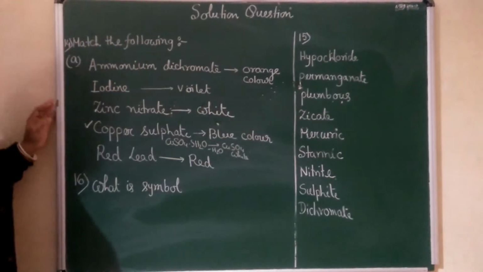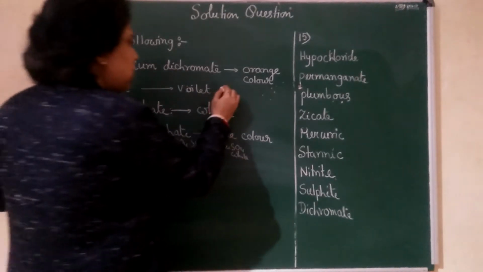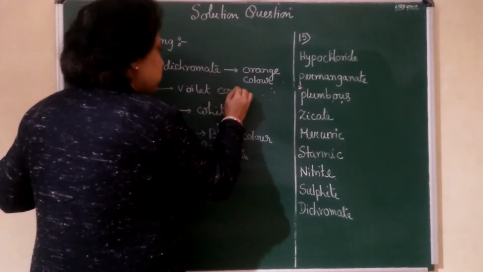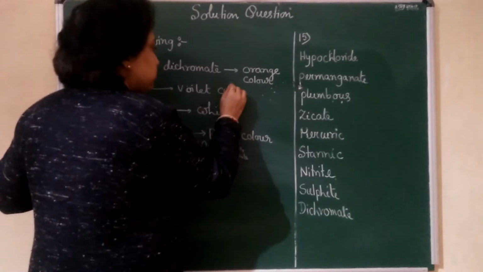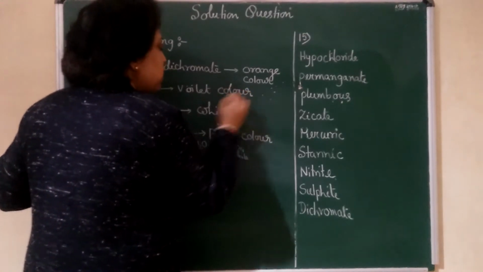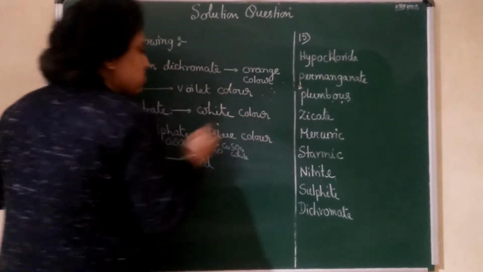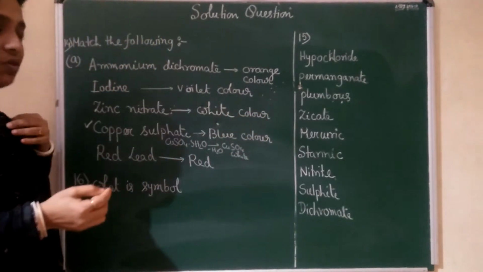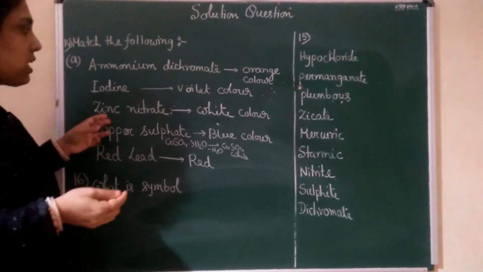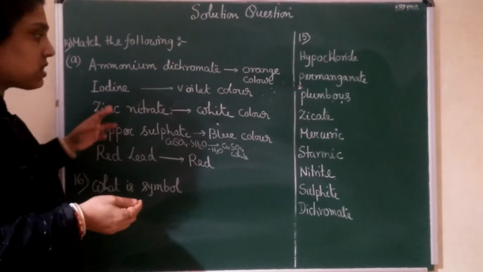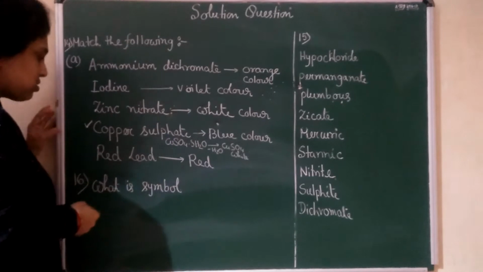So these are the colors of the given salts. Remember the color of the given salts. Mostly when you do practical salt analysis, you will come to know the color of these salts.